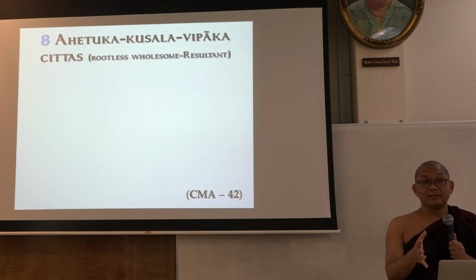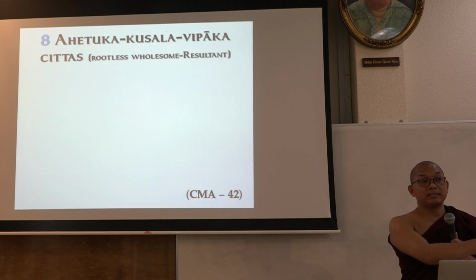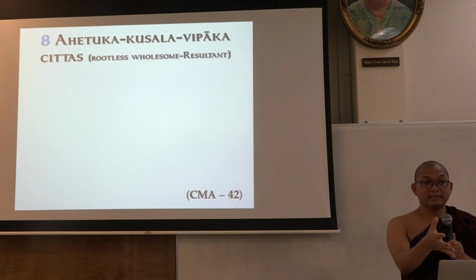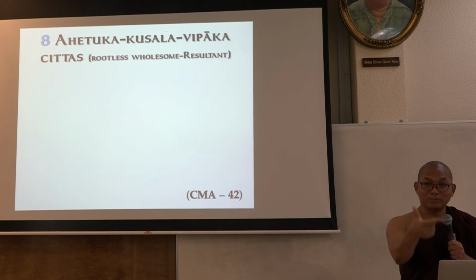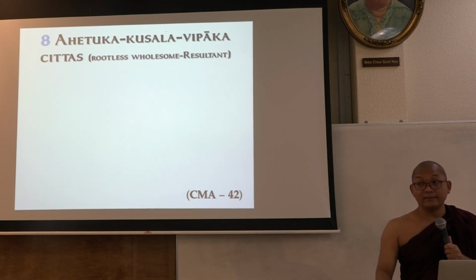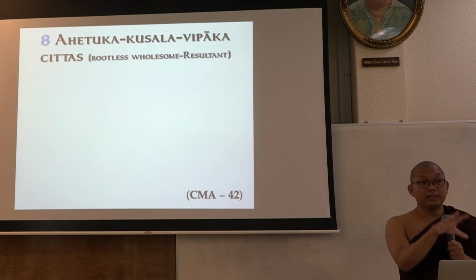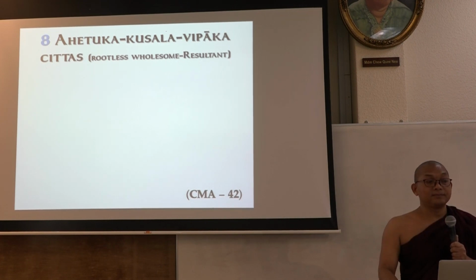As a result of wholesome karma in your past life, you have good bhavanga cittas. The moment bhavanga citta arises, you have the qualities of the mind, what we can call generosity, compassion, sympathy, and wisdom, understanding, like that, right? All these are the qualities of your rebirth linking mind.